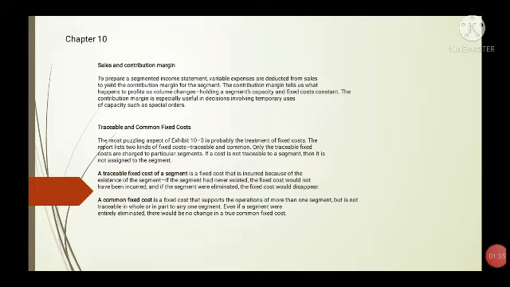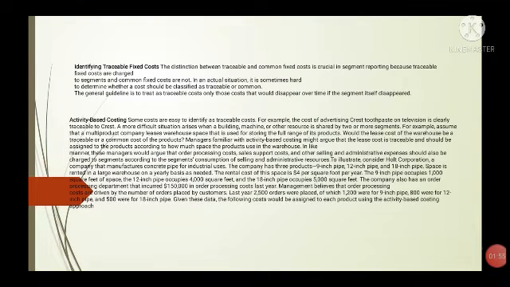A common fixed cost is a fixed cost that supports the operations of more than one segment, but it is not traceable in whole or in part to any one segment. Even if a segment were entirely eliminated, there would be no change in a true common fixed cost. Identifying traceable fixed cost.